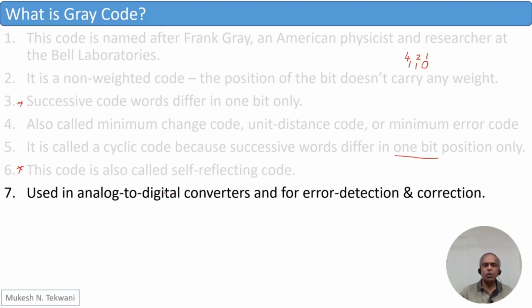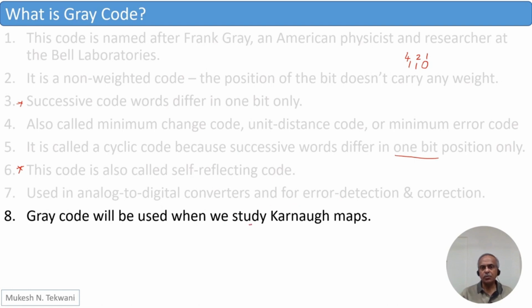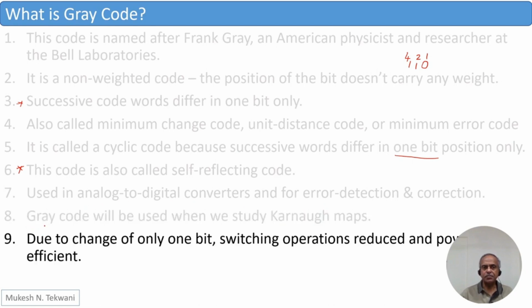Where will this code be used? This code is useful in A to D converters, or analog to digital converters, and it is also used for error detection and correction in transmission of digital signals. And of course, we'll be studying Karnaugh maps in one of the sections, and at that time we will see that Gray code is extremely useful.